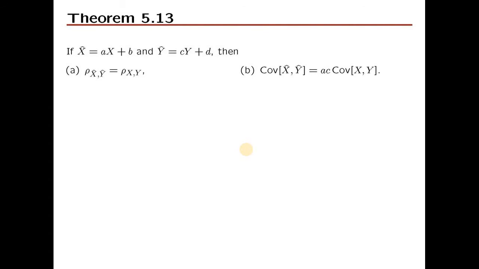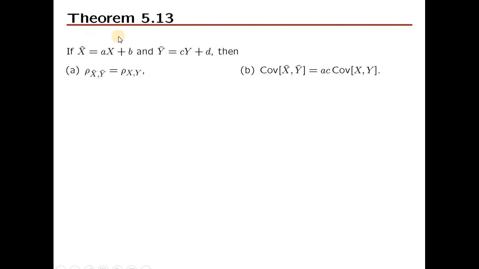Now there's a theorem, which says that if we have a random variable x hat that has a linear relation, represented by a scalar a multiplied with the random variable x plus a bias parameter b added to it, and similarly a y hat that is a scalar c multiplied with the random variable y plus d as a bias.